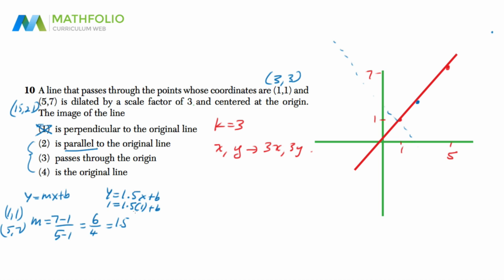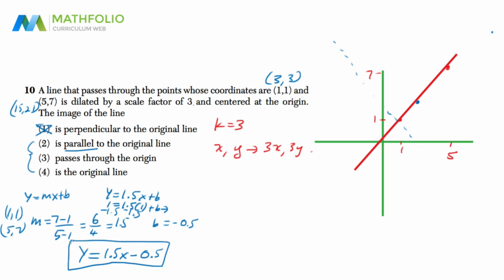If we subtract that from both sides, we end up with b equals negative 0.5. So our equation for the first line is y equals 1.5x minus 0.5. That's going to be the equation for the first line.